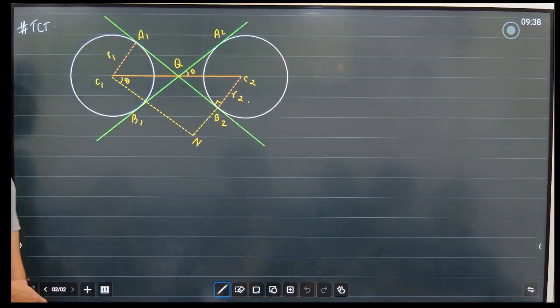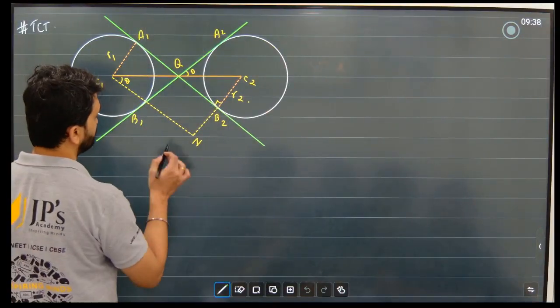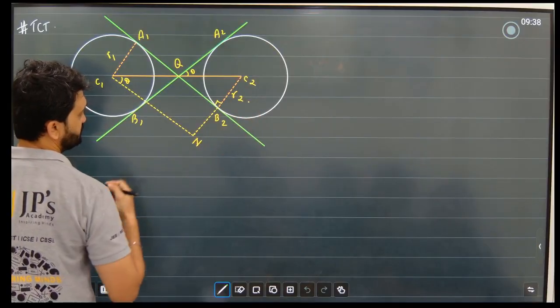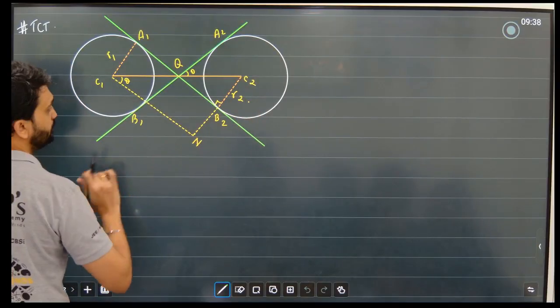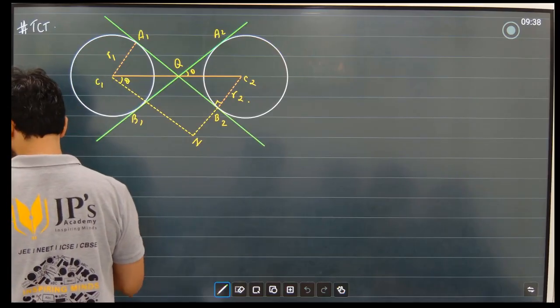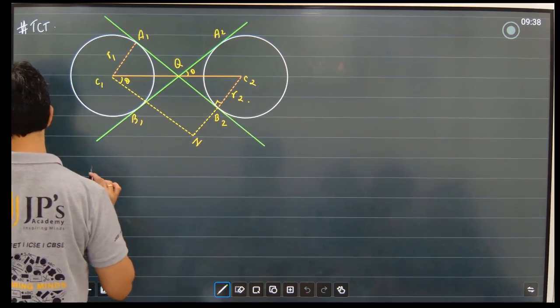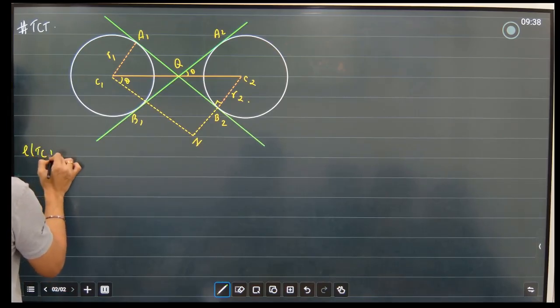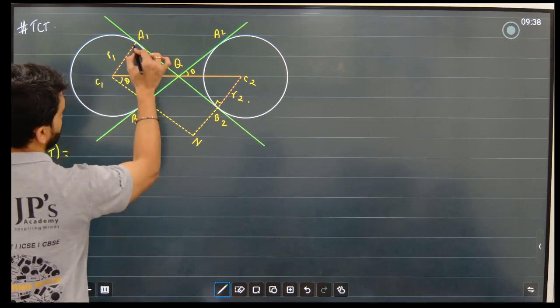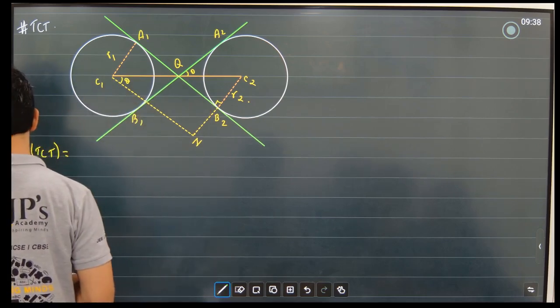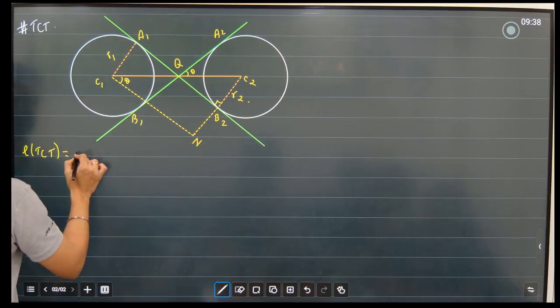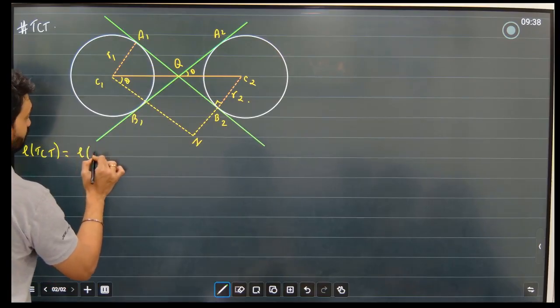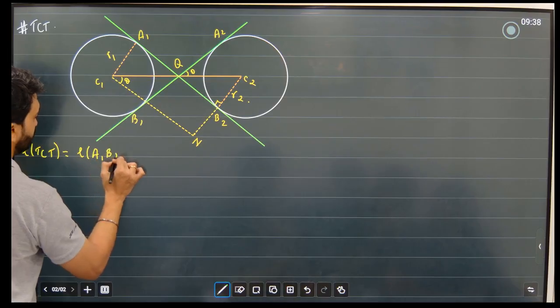So in transverse common tangent, we extend C2 B2 up till the point N, and according to the formula for transverse common tangent, see this is the length of transverse common tangent. Transverse common tangent is nothing but the length of A1 B2.